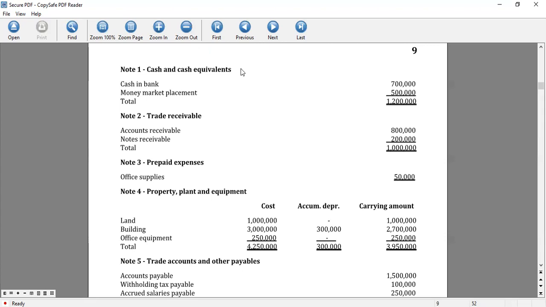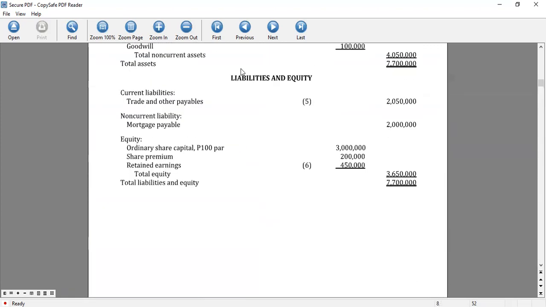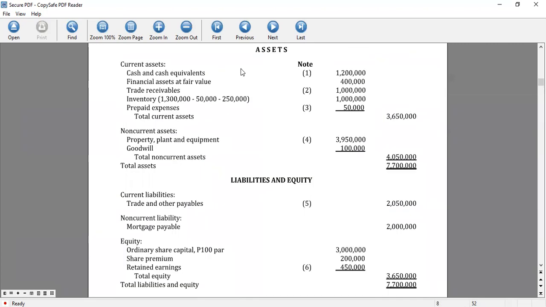So in other words, as stated in the paragraph above, the office equipment was acquired at the end of 2020 at a cost of 250,000. So the carrying amount of the property, plant, and equipment is 3,950,000.